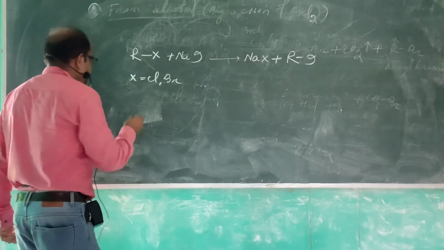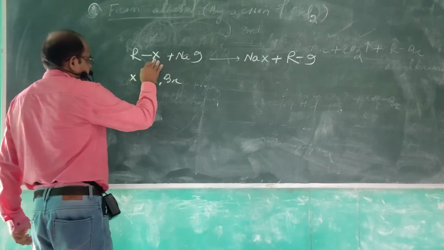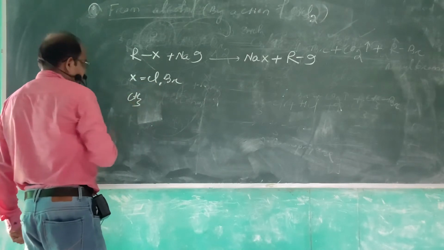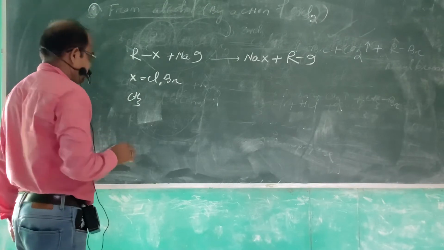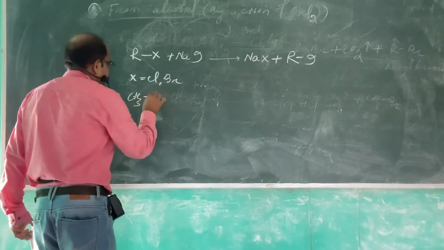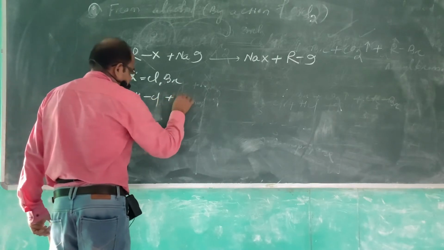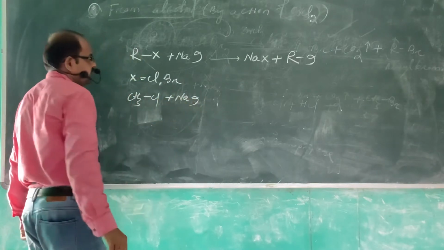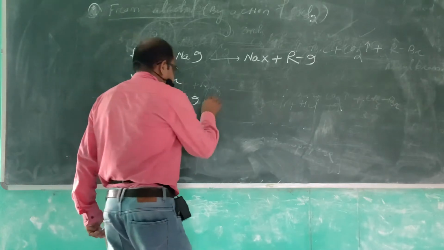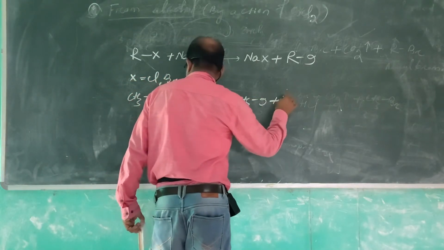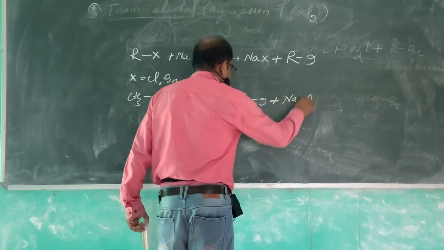That means if we take Cl instead of X and CH3 instead of R, then we get methyl chloride. When methyl chloride reacts with sodium iodide, it gives methyl iodide plus sodium chloride.